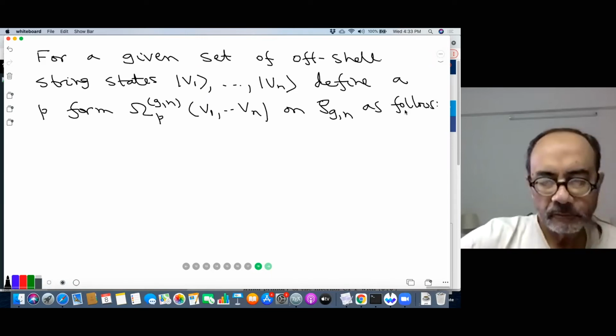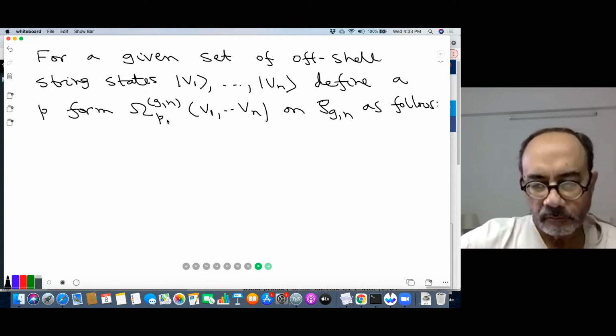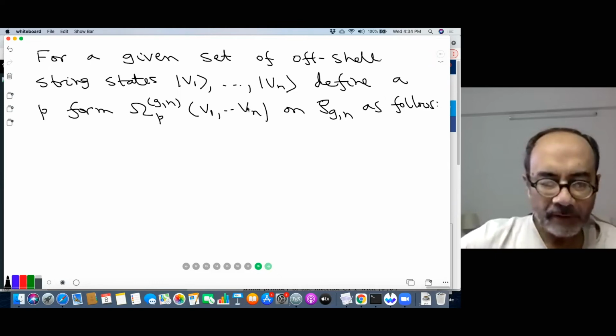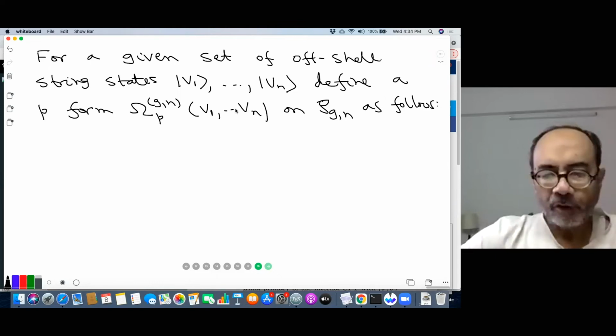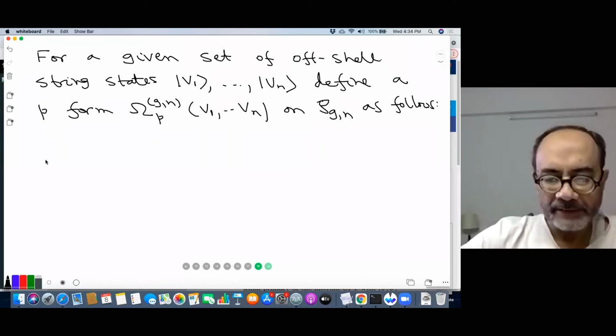Okay, we are going to define a p-form for arbitrary p, where p is an arbitrary integer, on P_{g,n}, and this will depend on a fixed set of external off-shell states, which I'll denote by phi_1 to phi_n. And here is the definition.